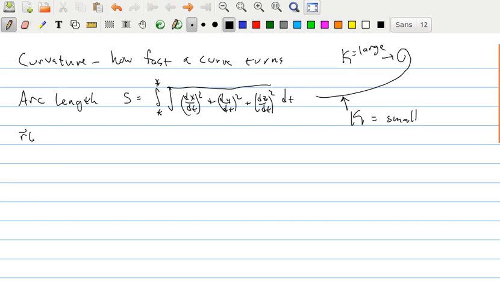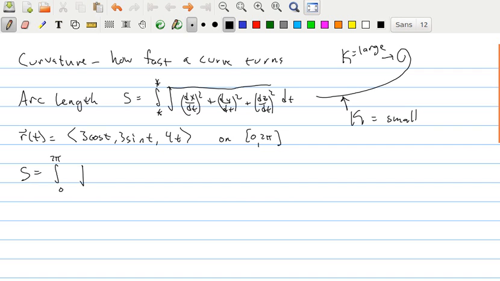Let's take a helix given by 3 cosine t, 3 sine t, and 4t. So our arc length for this, and we'll do this on the interval 0 to 2 pi. So we've got the integral from 0 to 2 pi, those are our starting t and our ending t, of the square root.